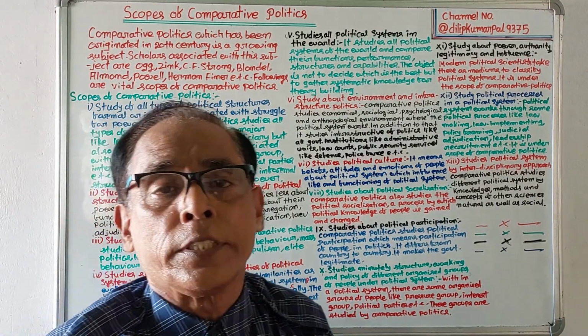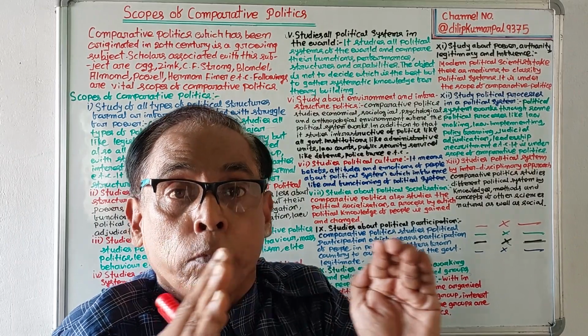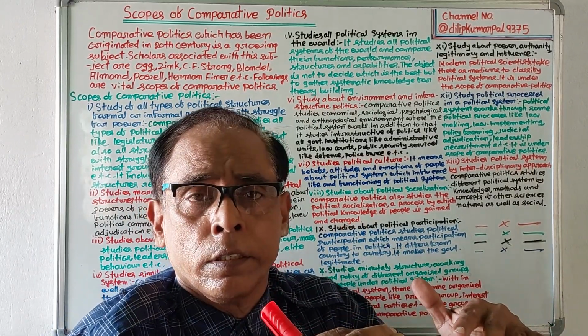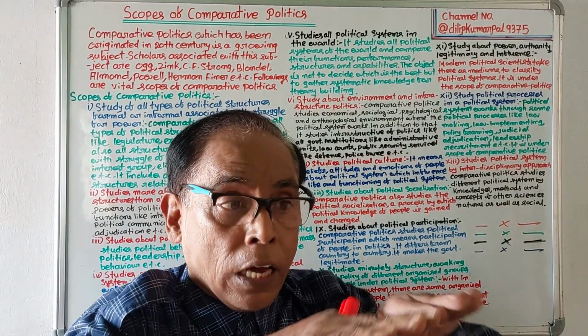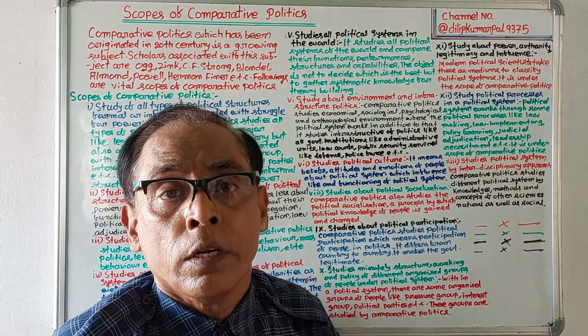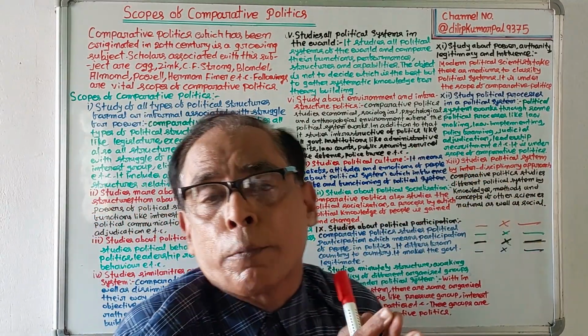Another scope of comparative politics is that it studies political processes in a political system. In a political system, there are some processes through which political system works, like law making, law application, law adjudication, leadership recruitment, etc. It is also under the scope of comparative politics.